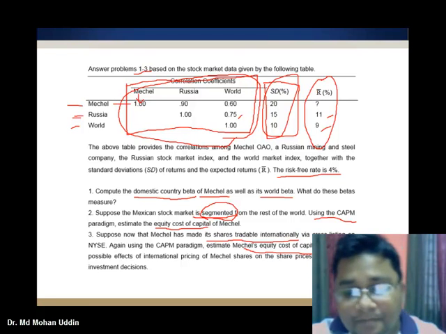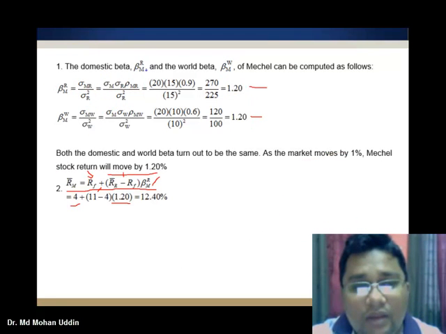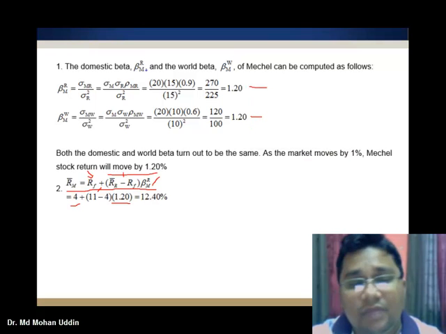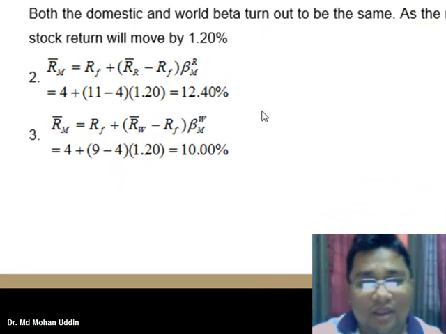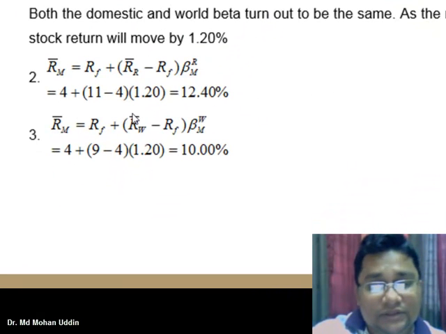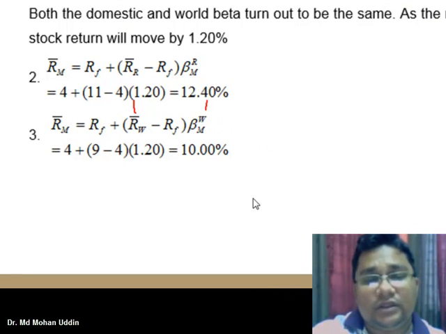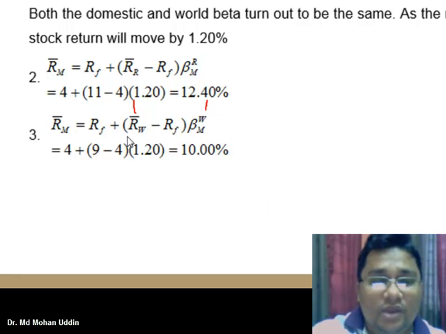Now in number 3, the calculation is the same as number 2, but the only difference is that now our market is the world market. You can see all these things are the same, only this return and this beta are different. Why is this return different?